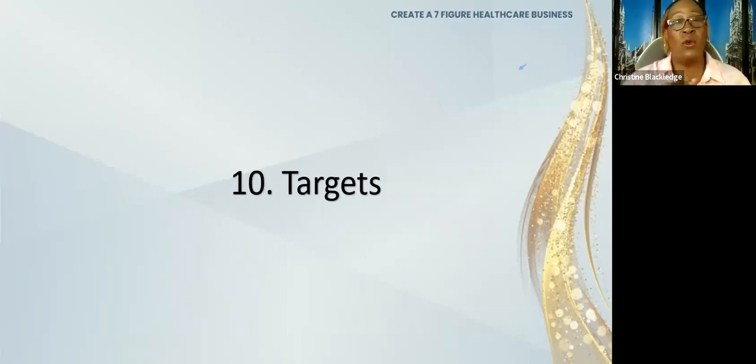So what are your targets? Do you want to earn 290,000 for the year? Is it 500,000 for the year? Is it 1 million for the year? Is it 3 million to 5 million for the year? What is your target? Is it 10 million?